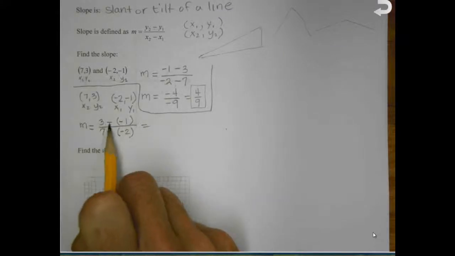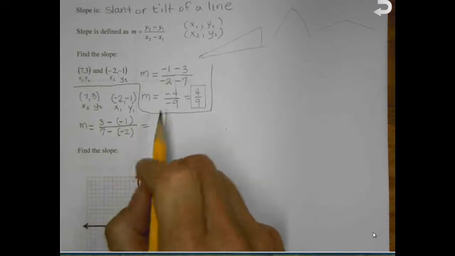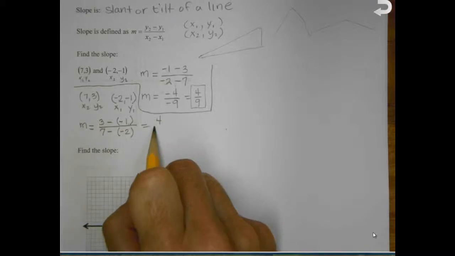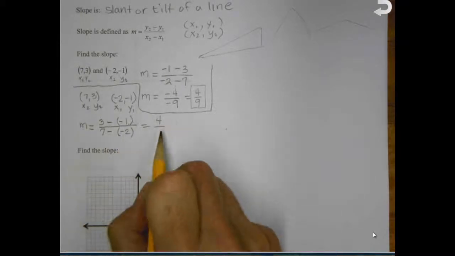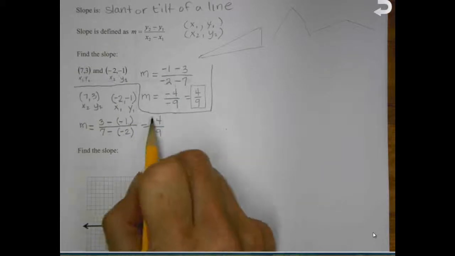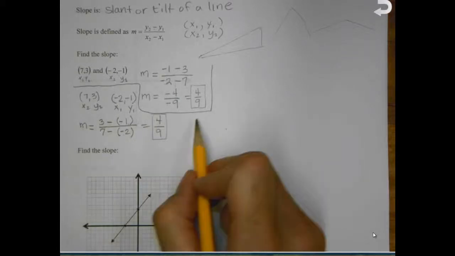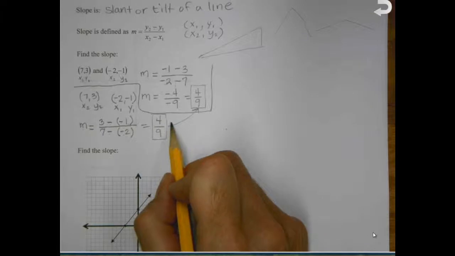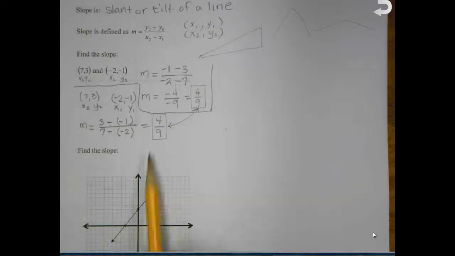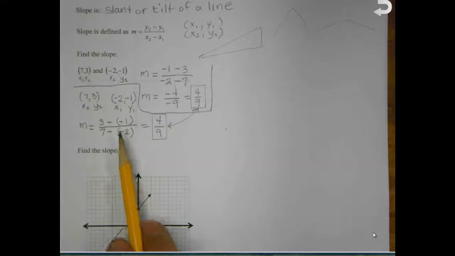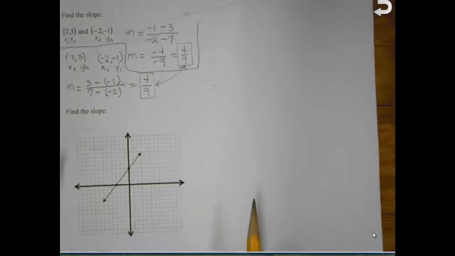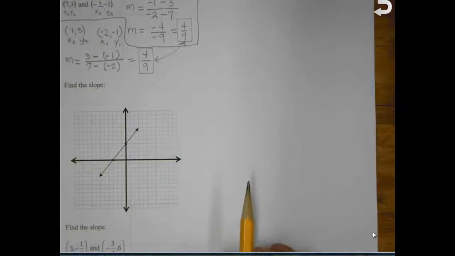So 3 minus a -1 is the same thing as 3 plus 1, so it's a 4. 7 minus -2 is the same as 7 plus 2, or a 9, and so I get 4/9 also. So it comes out the exact same either way I go. One may be just a little bit easier to calculate because of those negatives, but they do come out the same.